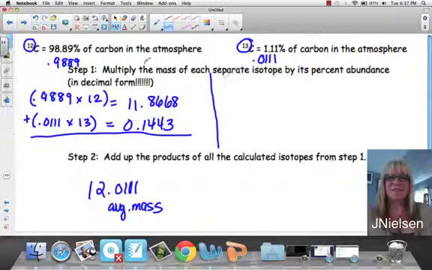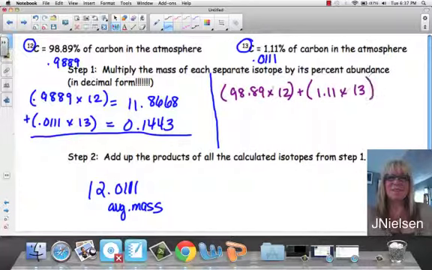Now let's do it the way I showed you the other problem. So now I'm going to leave it in percent, and I'm going to do 98.89 times 12 plus 1.11 times 13, divided by 100. So in my calculator, I'm going to do this all in one shot.